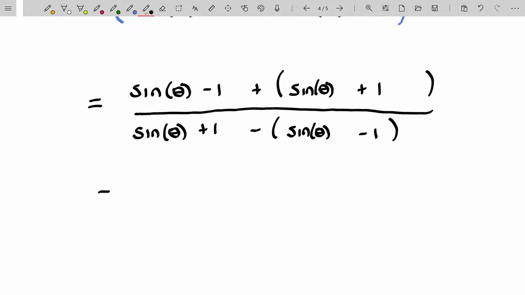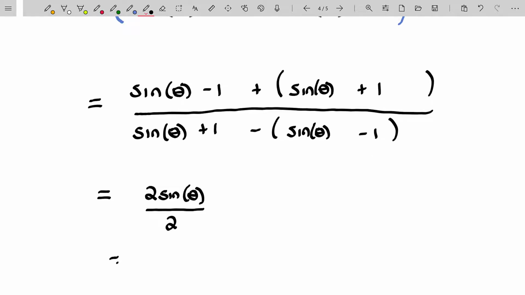Well, at this point, it's just combining like terms. In the numerator, we have a sine of theta plus a sine of theta, which is 2 sine of theta, and we have a negative 1 plus 1, so they cancel beautifully. So the numerator is just 2 sine of theta. In the denominator, we have a sine of theta minus a sine of theta, so the sine of theta is canceled, and we have a 1 minus a negative 1, or in other words, 1 plus 1, which is 2.